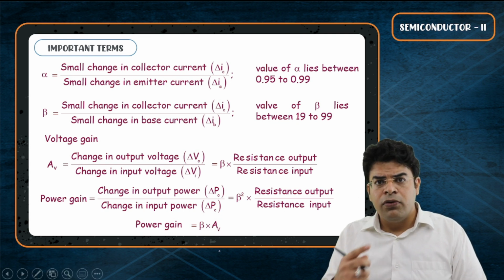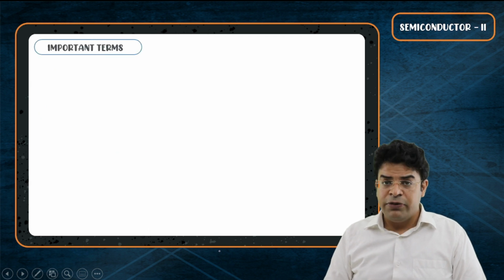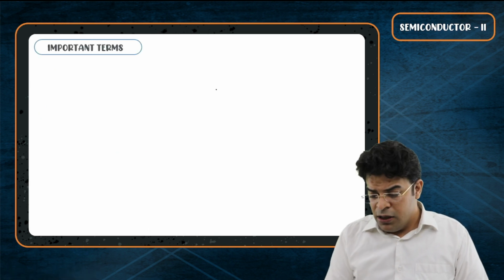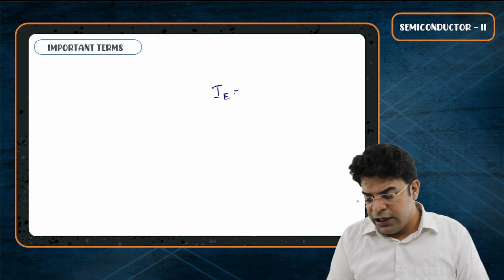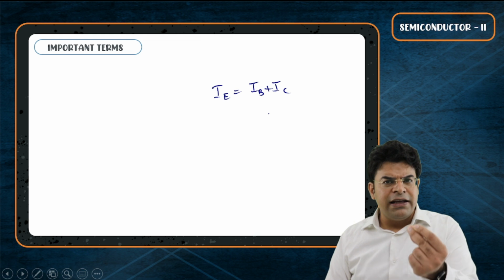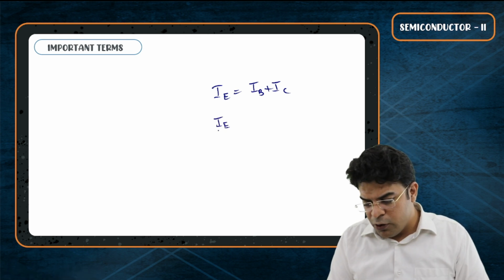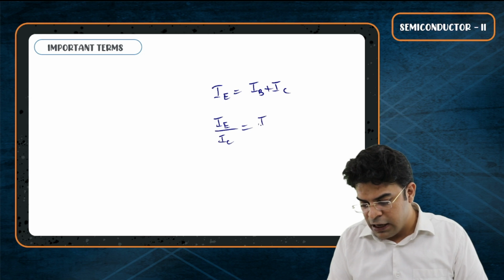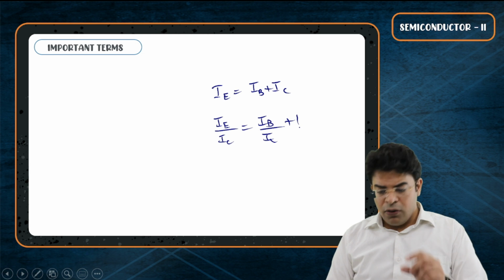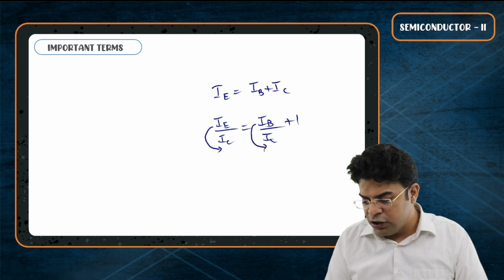Now talking about a more important thing, what is the relationship between alpha and beta. We know that IE equals IB plus IC. If we divide each term by the collector current, we get IE upon IC equals IB upon IC plus 1. Now bring IE to the denominator and IB to the denominator.